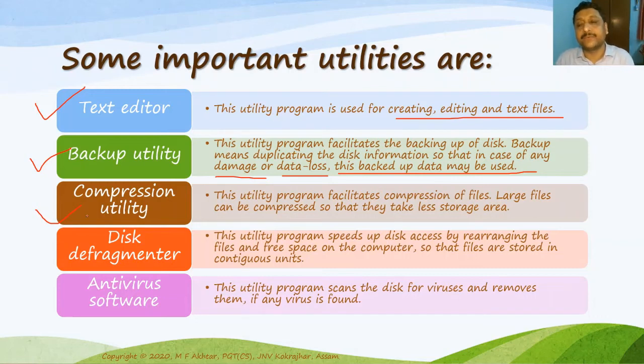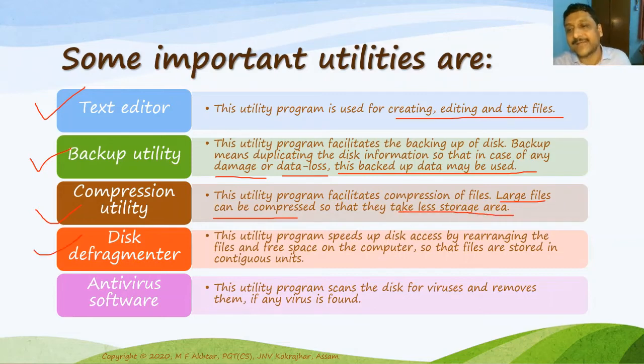Then if we want to use that data, we can uncompress or extract those data in a larger format so that we can use it normally. This utility program facilitates compression of files. Large files can be compressed so that they take less storage area.